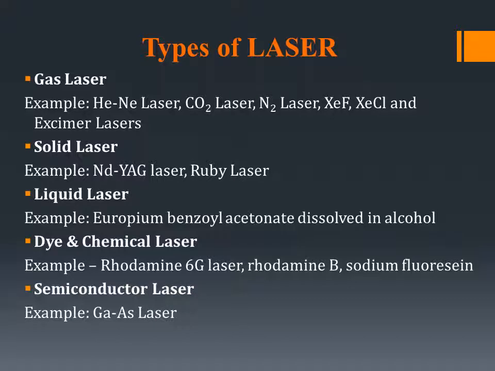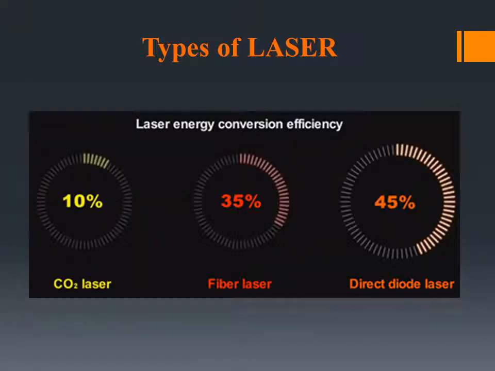And last of all, we have the semiconductor laser, which employs mostly gallium arsenide and various other compound semiconducting materials. Of all these lasers, the most efficient laser, as is seen in this diagram, is the diode laser with a higher efficiency of around 45%.